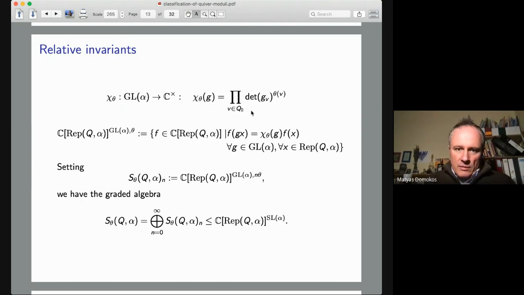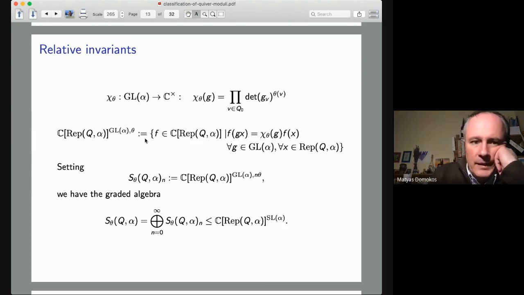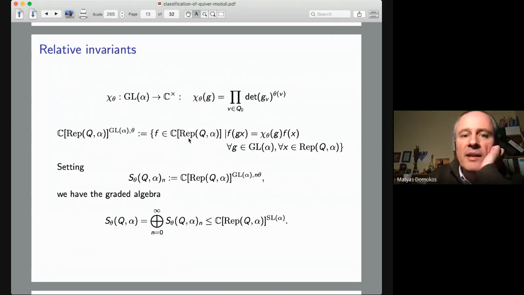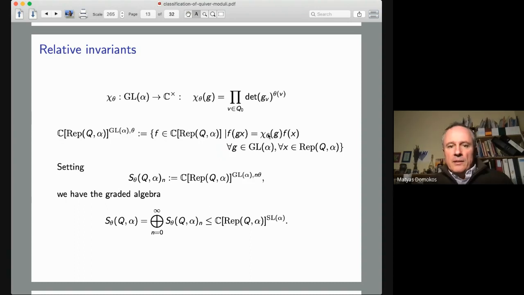Its value is the product over the vertices of the determinant of the component of the group element belonging to V, raised to the power theta of V. And a relative invariant of weight theta of the base change group in the coordinate ring of the representation space is just an element f which has the property that f of gx is f of x multiplied by the value of the character on g.